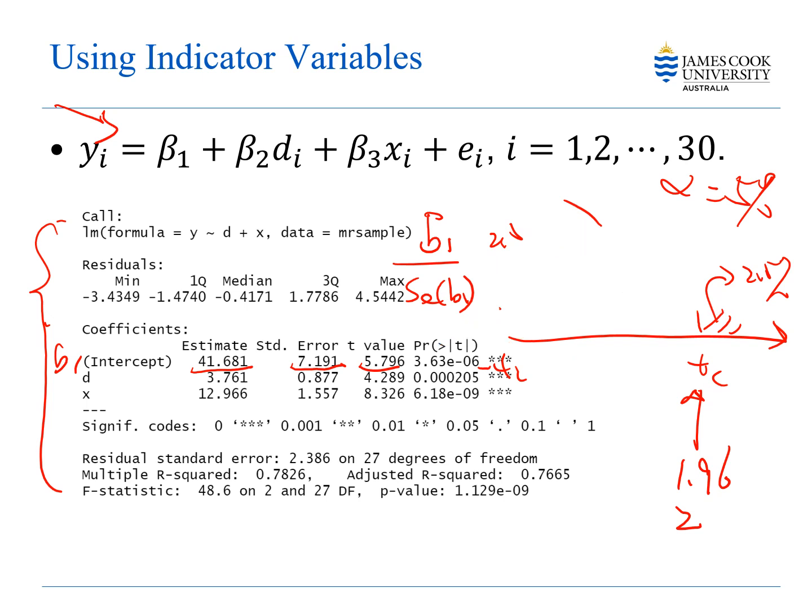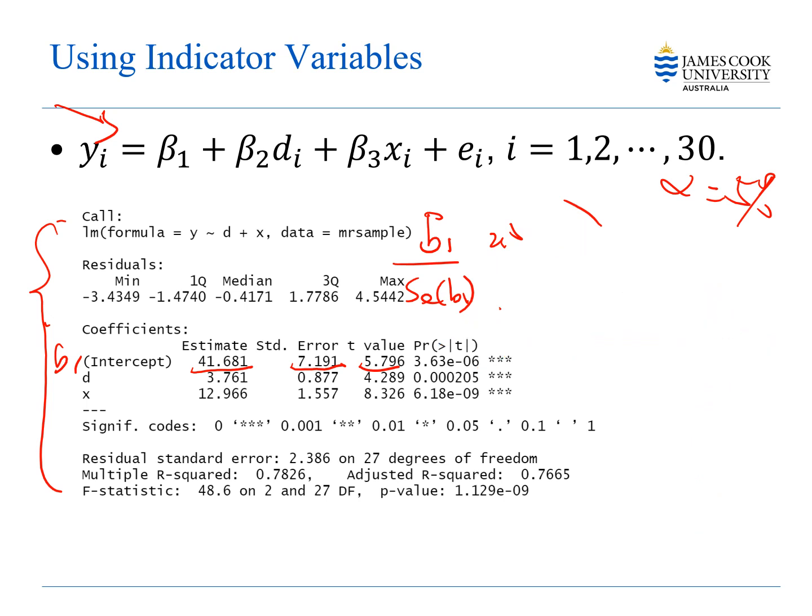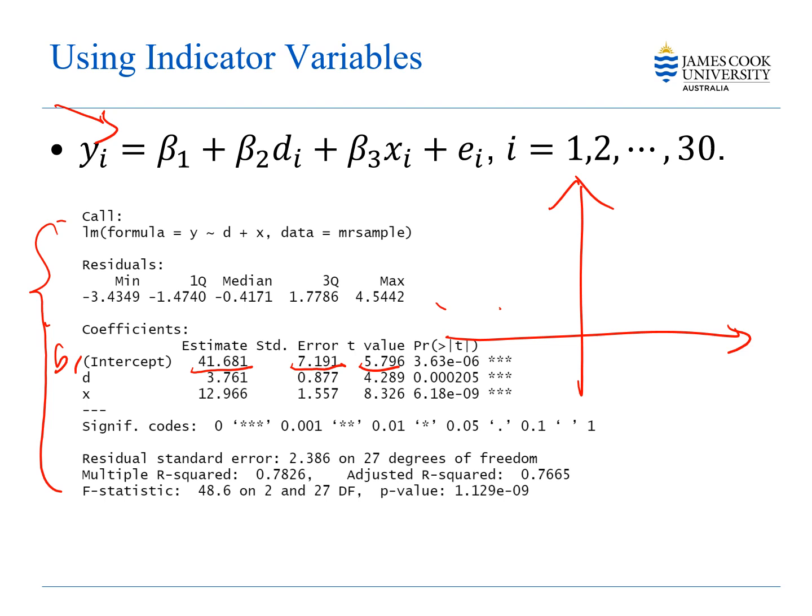Alternatively, we can use the p-value. This p-value tells us that our t value is 5.796, or negative 5.796.